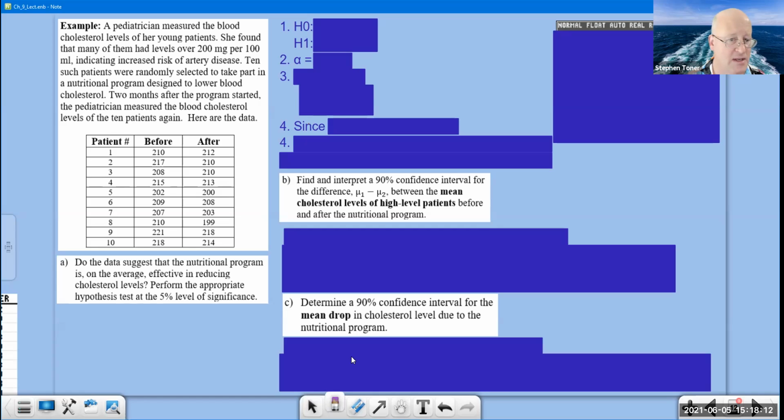Notice how we have 10 patients, and here's patient number 1 before and after. These are paired together because they're with the same patient.